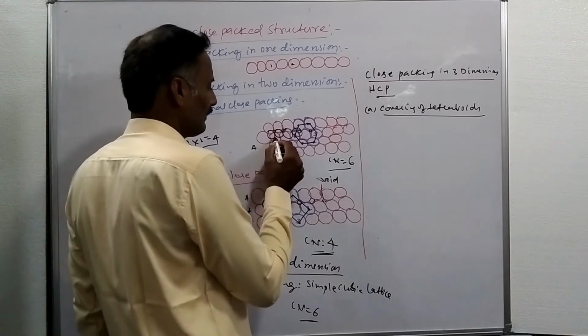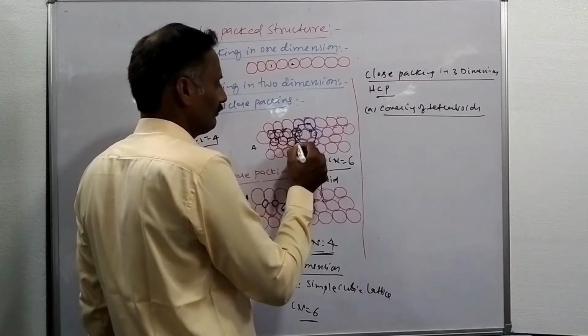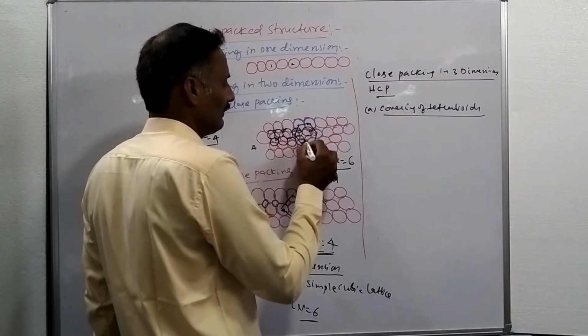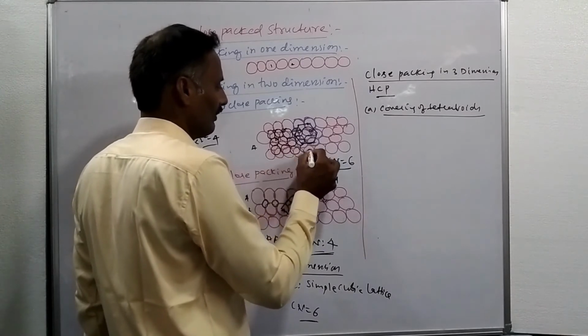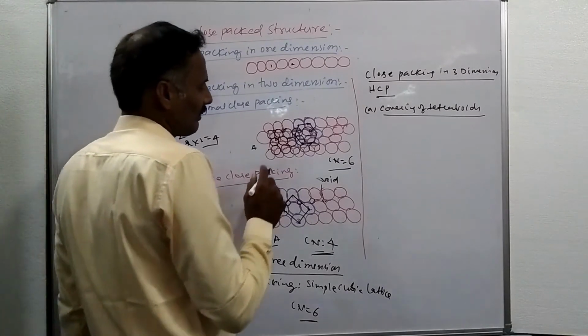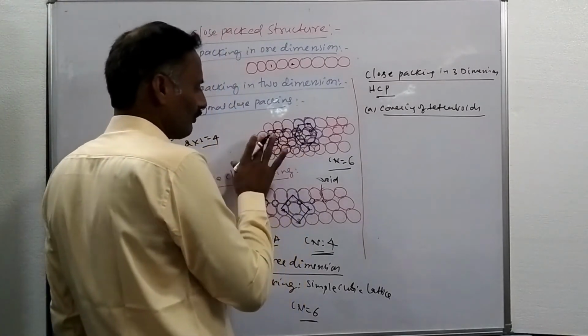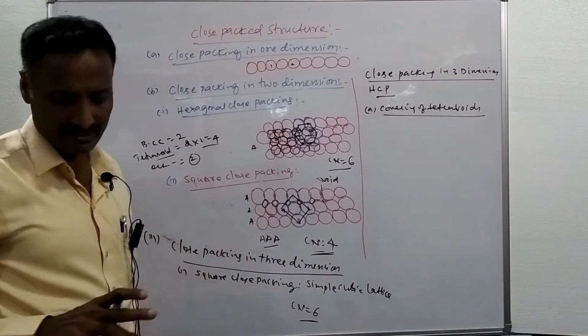Like this we are covering a second layer. This is the second layer over the covering of tetrahedral voids. All the tetrahedral voids are not covered if you place the second layer over the first layer. Some of the tetrahedral voids are vacant, which generates octahedral voids.